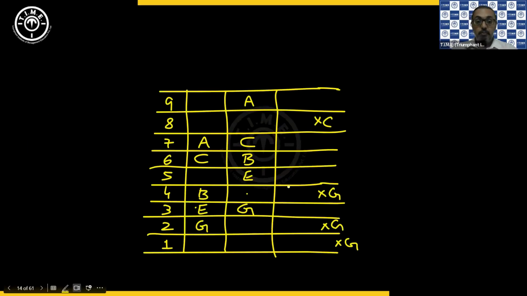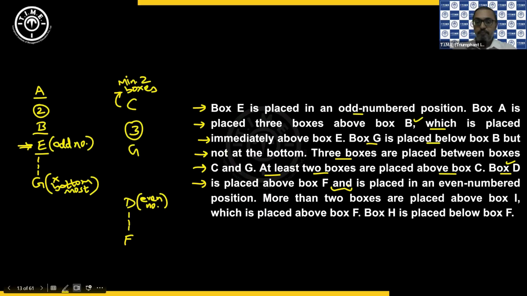Now in the first case, if you check, 2, 4, 6 are already filled. So 8 is the only even number available. So D has to be fixed there. And F can come in the 5th or in the 1st position. But in the second case, you can have 2, you can have 4, and you can have 8 also for D. Correct? So let us check further what he says.